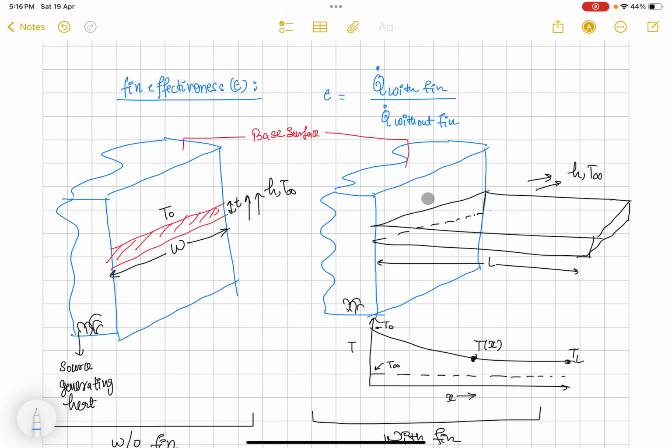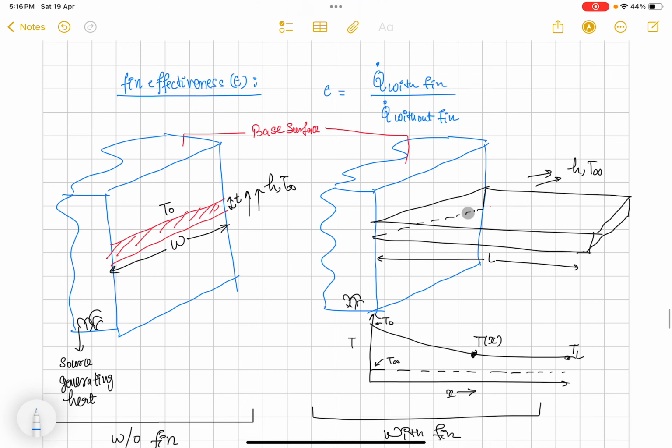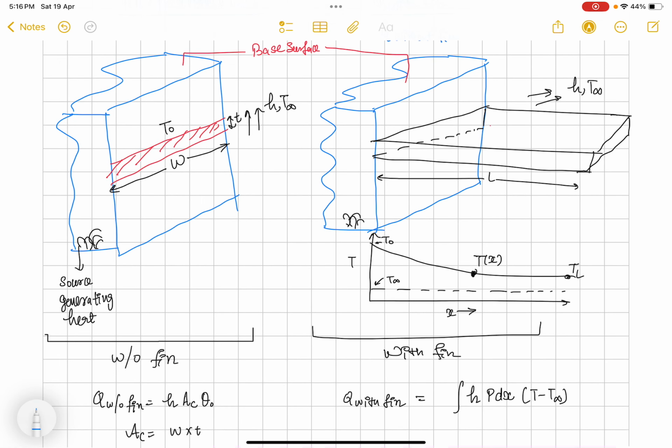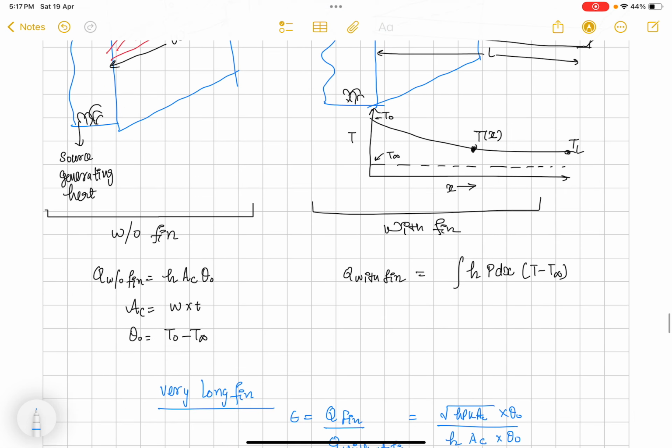So when we are attaching this fin of length L to the base surface, this is how the situation looks. The temperature at the base of this fin, the surface in contact with the base, is T naught, and as we move along the length L of this fin, the temperature keeps on decreasing, to some particular temperature TL at length L. This is the condition with the use of fin.